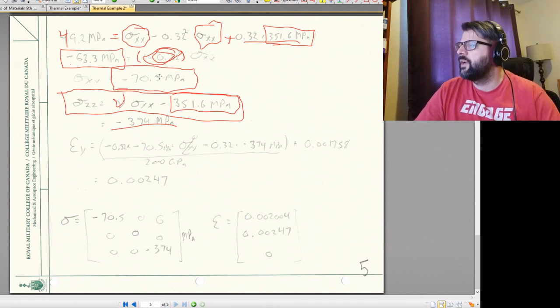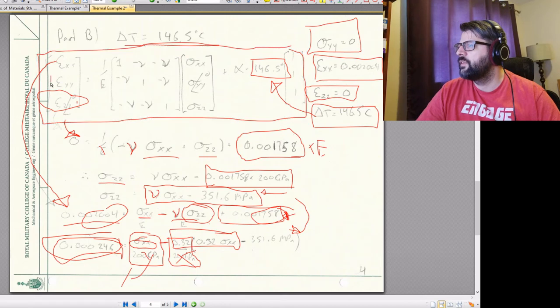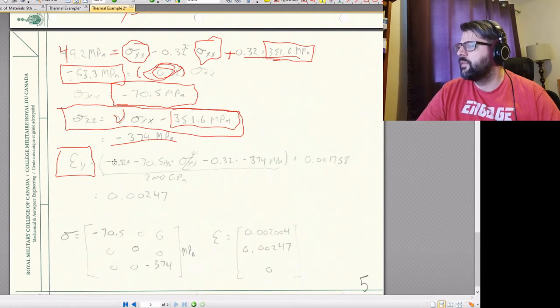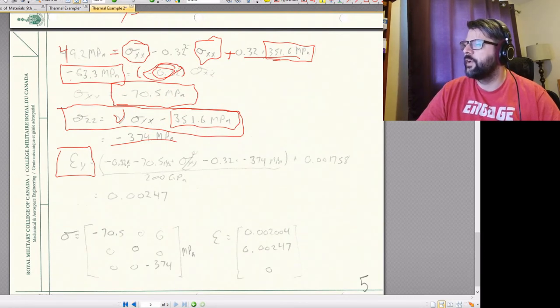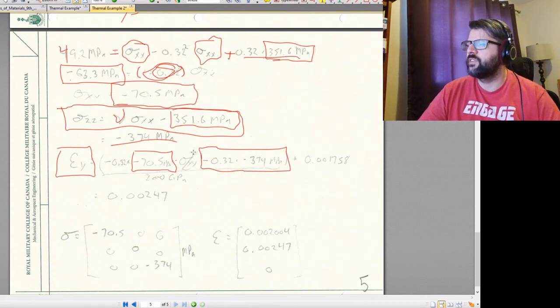So we got that. Now we can solve for the strain in the Y direction, and that's just taking this formula here. So negative Poisson's ratio times the stress in the X minus the negative Poisson's ratio times the stress in the Z. Well, also plus the stress in the Y direction, but it's 0.